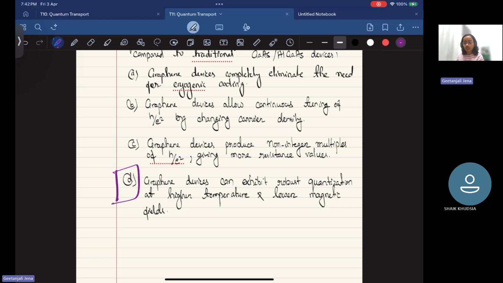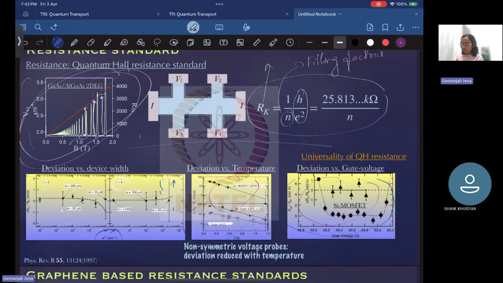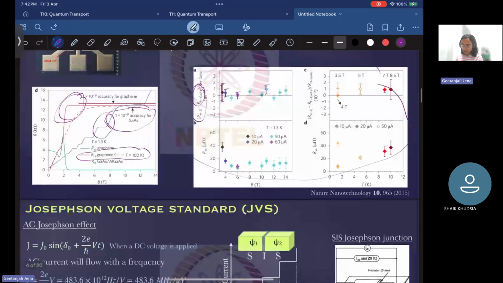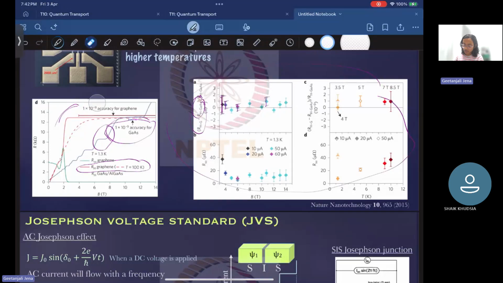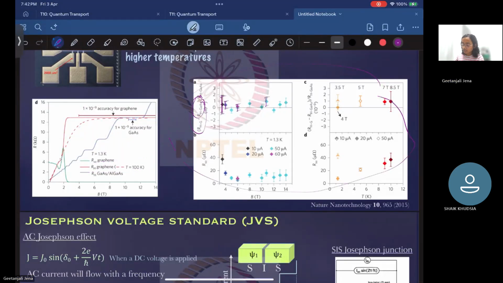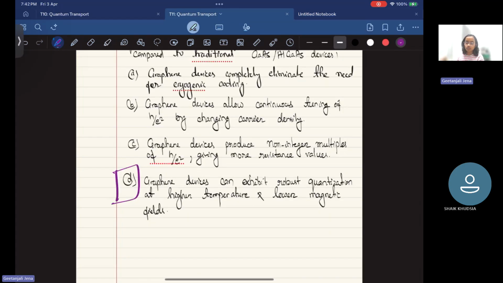But the main reason we are using graphene is, if we recall this slide, you can see that even if you increase the temperature to 100 Kelvin, the graphene can show wide plateaus.